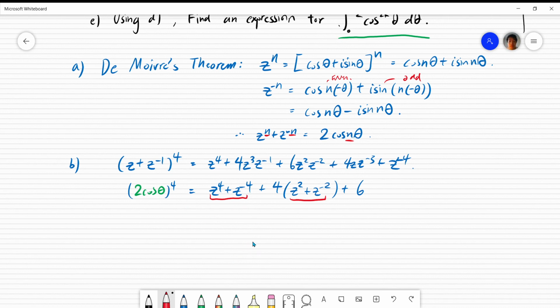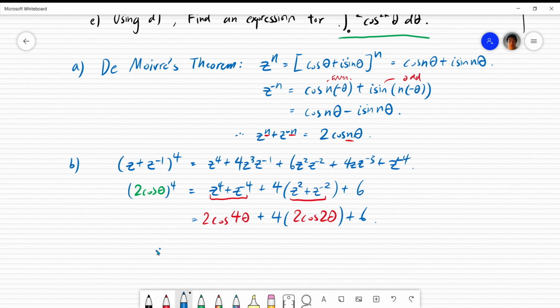So we have this is 2 cosine 4 theta, plus 4 times 2 cosine 2 theta, plus 6. Well, that's easy enough. We can divide both sides by 16.